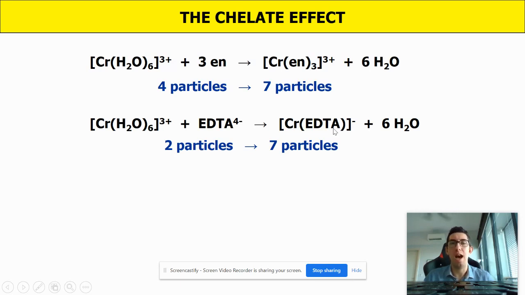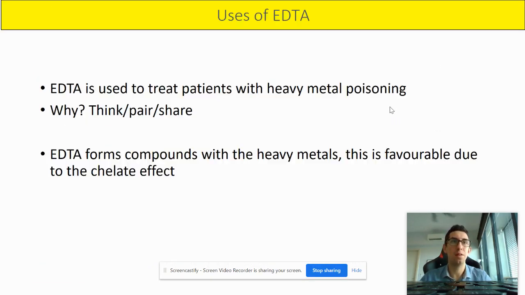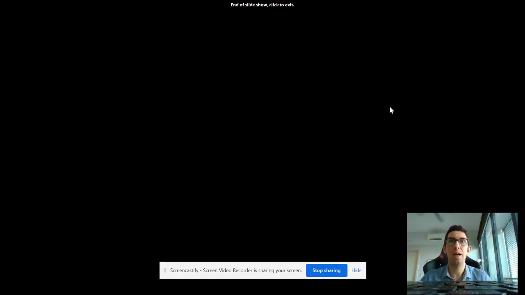Now EDTA, I think, is poisonous, but it's insoluble because it's a very large molecule, so it can't be absorbed through your stomach into your bloodstream. So if you've had heavy metal poisoning, they actually give you EDTA, and the following reaction will occur, the one I can see right here, creating the complex with EDTA, and then you can get rid of that the normal way without getting poisoned by the metal. Okay, and that is it.